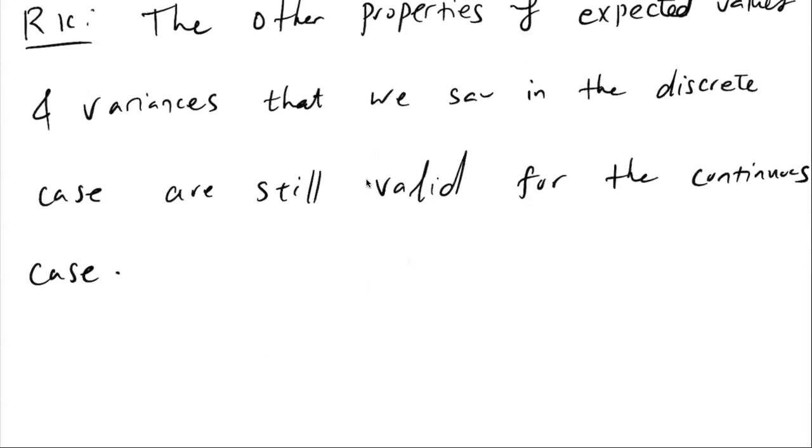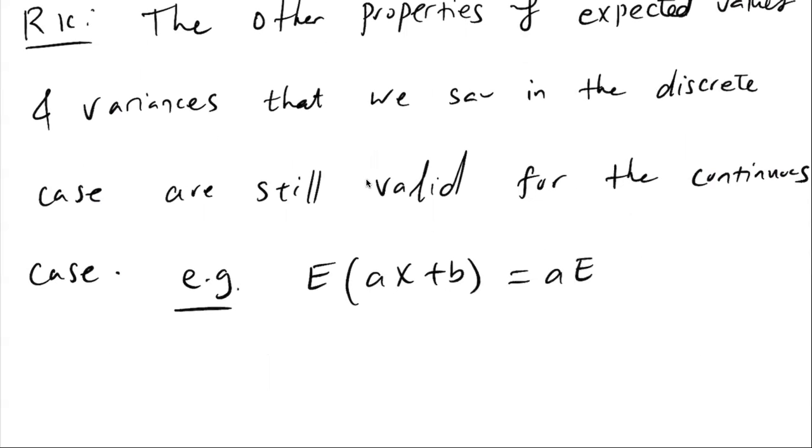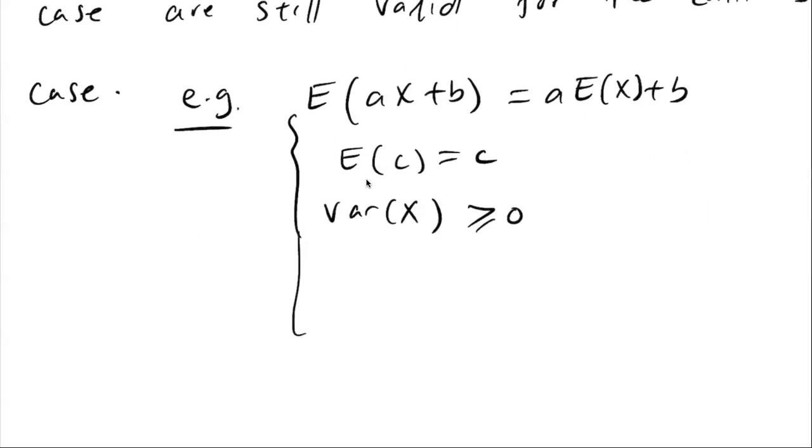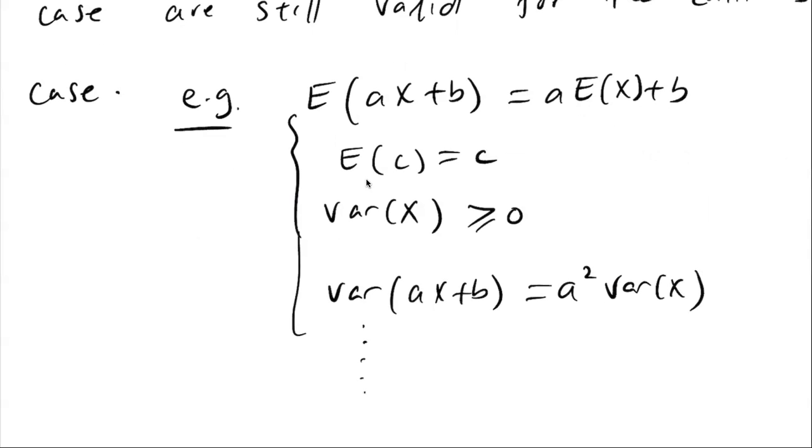So for example, we saw that the expected value of aX plus b is a times the expected value of X plus b. We saw that the expected value of a constant is the same as the original constant. We saw that variance of X is bigger than or equal to 0. We saw that variance of aX plus b is equal to a squared variance of X, and so on.